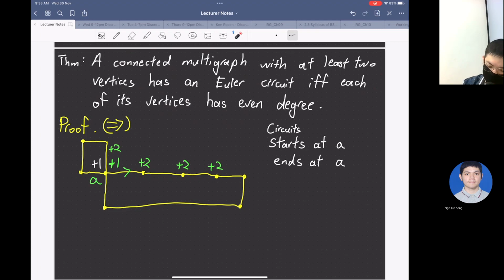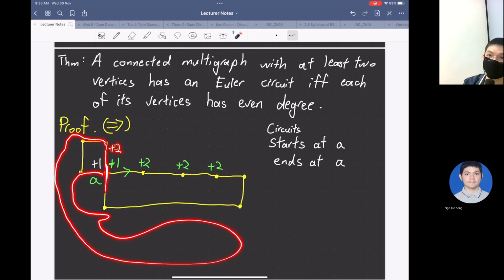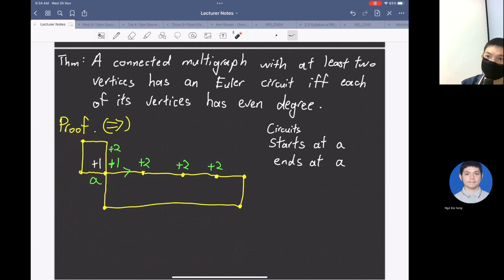So every time you pass through a vertex it is 2. The Euler circuit allows you to pass through A again. Maybe in the middle of the path you pass through A again, but this is +2, because you go in to A and go out from A. And then you maybe go somewhere else, and then you come back to A again. Because this is a circuit, you have to come back to A. So this coming in is +1 to A. So +1 at the start, +1 at the end, so it's +2.